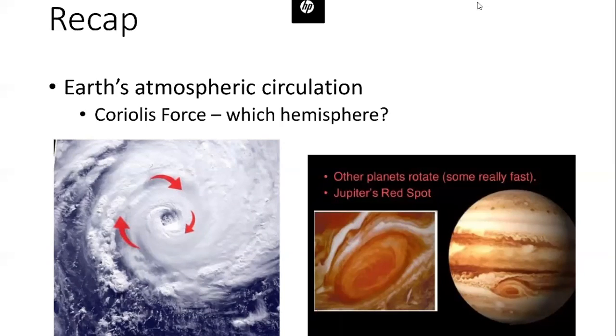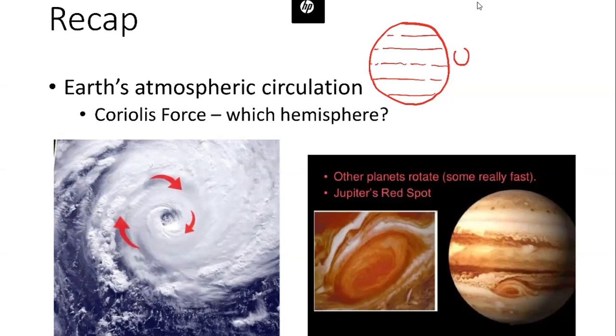We mentioned that on our Earth, there are basically 6 cells. There are 3 cells in the northern hemisphere and 3 cells in the southern hemisphere. We have the Hadley cell, which is recirculating air in this way, and the polar cell, which is recirculating air in this way.